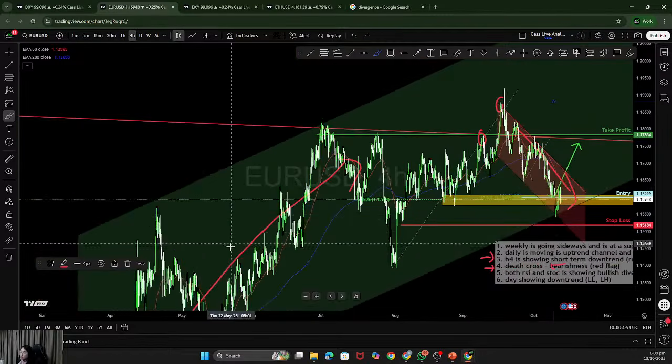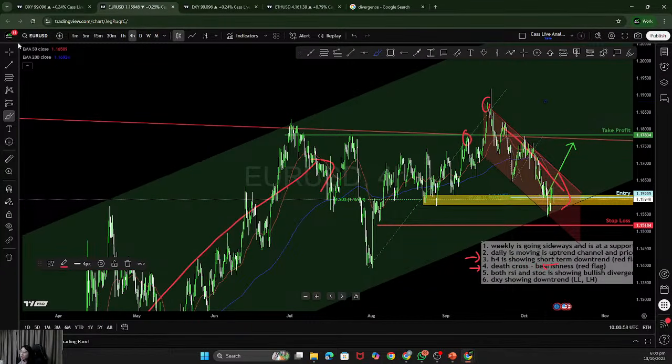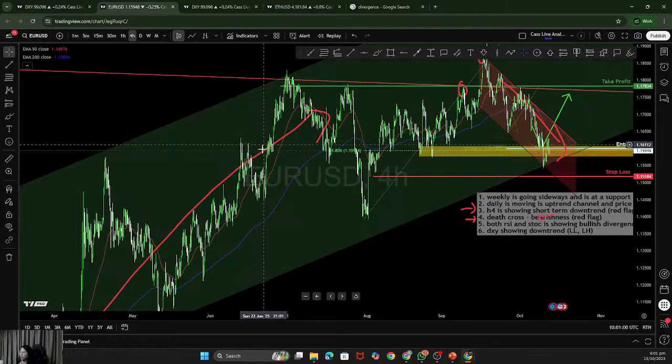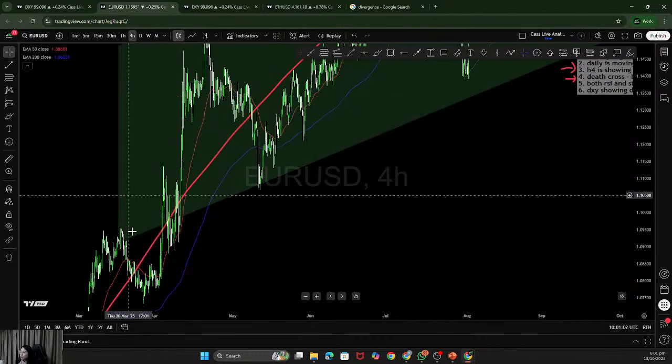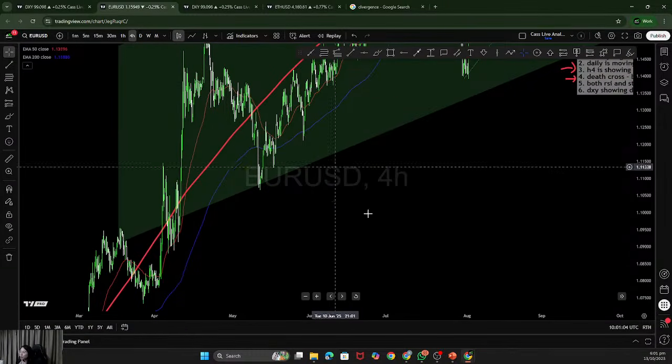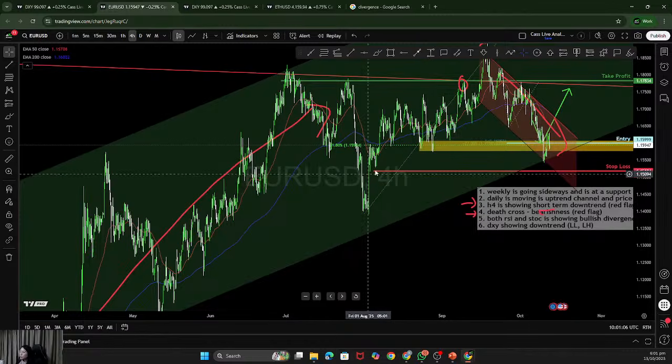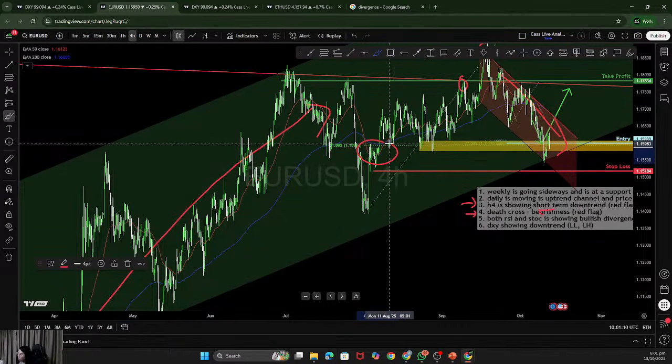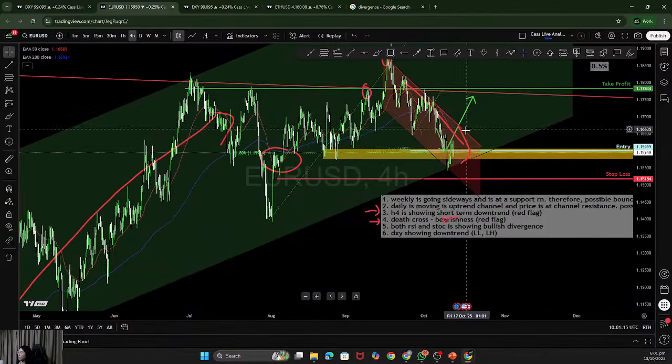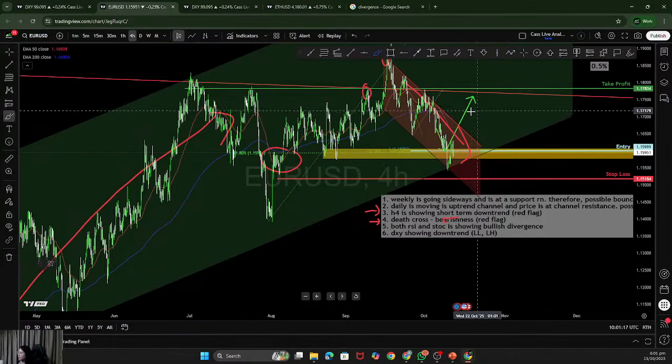So since Valentine's Day, which is 14th of February, the red has always been moving above the blue. It has always been like that. It's just that this part here, there was kind of like a fake out or a strong pullback, right? And right now we're seeing that same breakup.